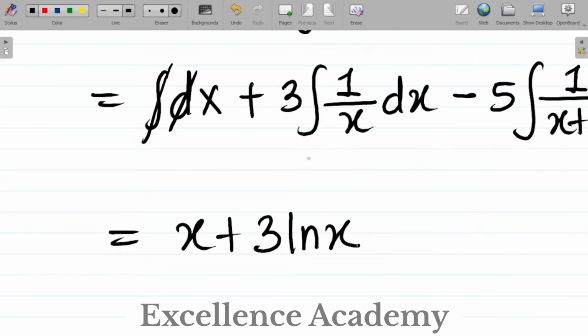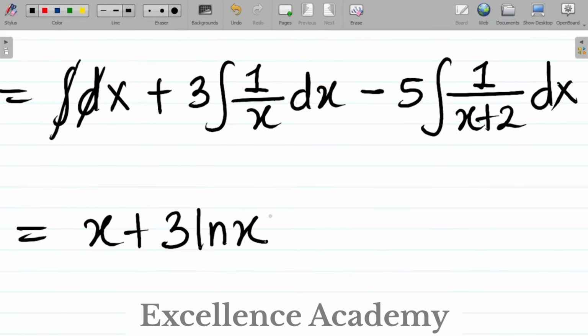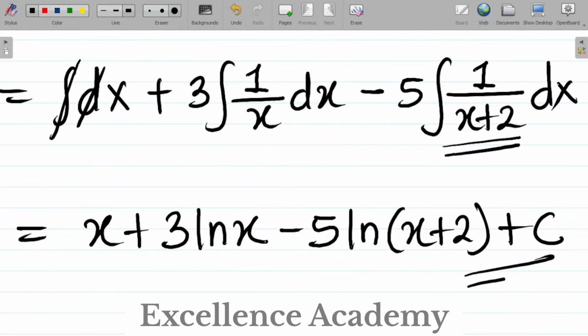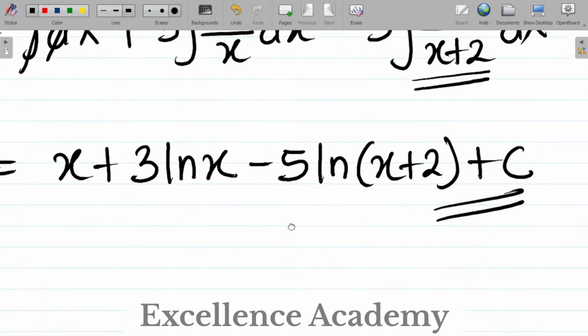Next up, minus 5 into, if I integrate this, it will give you ln of x plus 2. Reason being that the coefficient of x here is 1, and the power of x here is 1. So you have ln of this, then plus c, your constant of integration. This is the answer to this question.